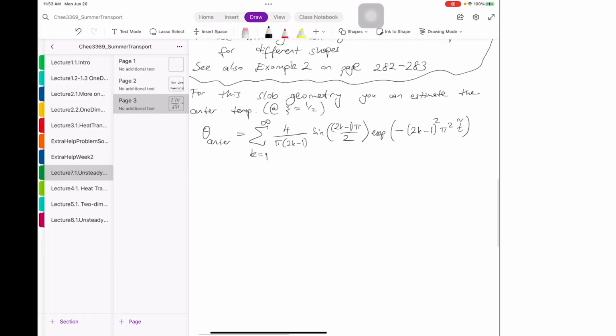And you know that the sine of pi over 2 gives you 1, right? You get basically plus or minus 1 because for pi over 2, you get also 3 pi over 2, you get also 5 pi over 2, and so on.